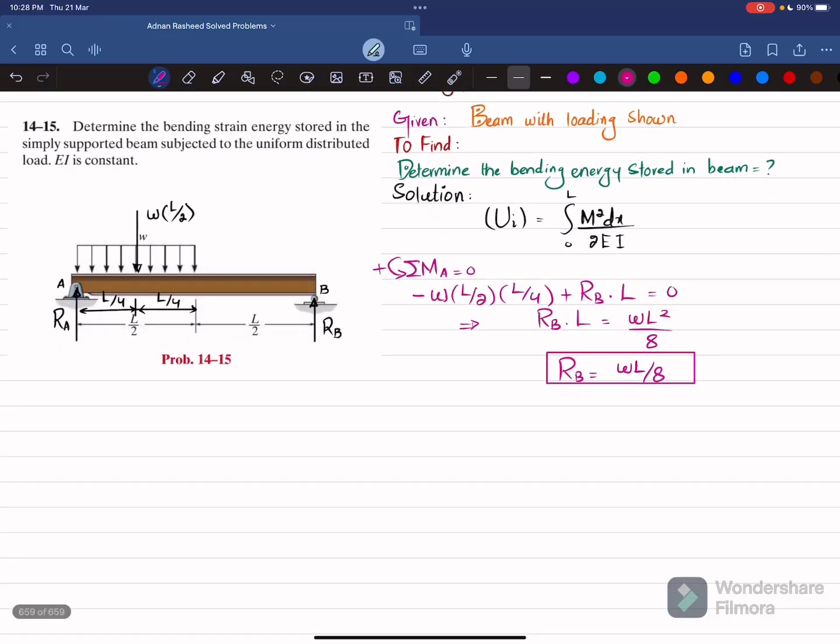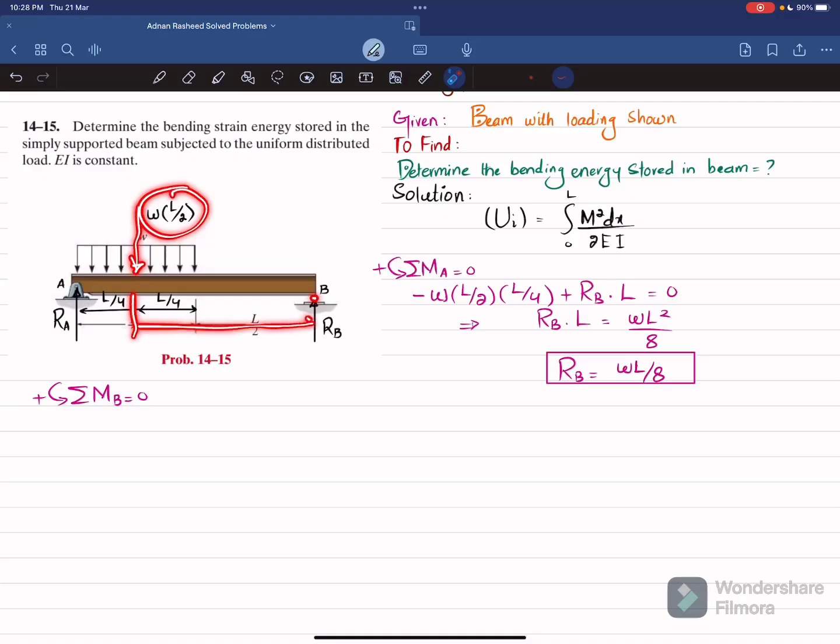So this is reaction force by the roller support on the beam. Now we'll find this RA by using equation of equilibrium, that sum of all moments about point B is equal to 0, and taking the counterclockwise moment as positive. So about point B, the first moment will be this WL by 2, and perpendicular distance will be this one. So L by 2 plus L by 4 will give you 3L by 4.